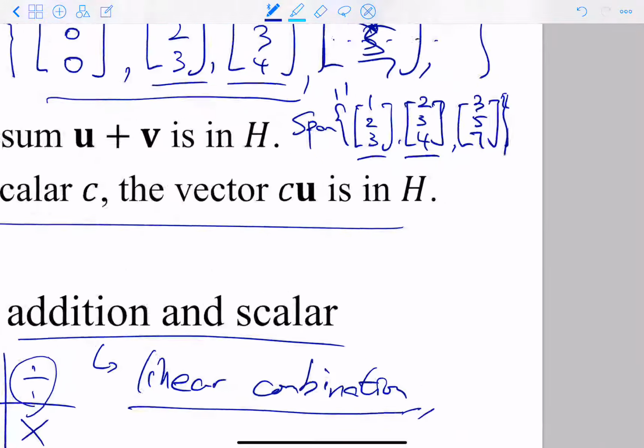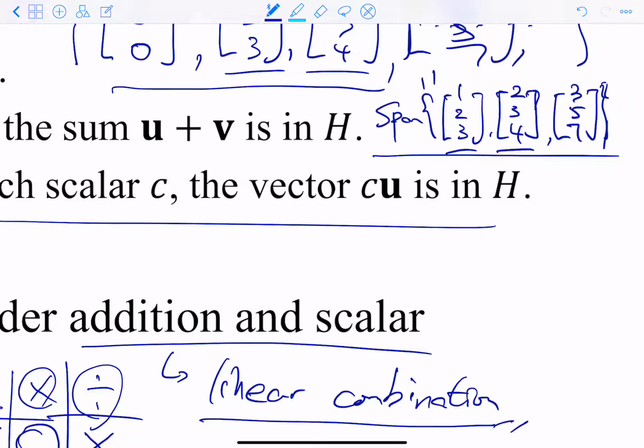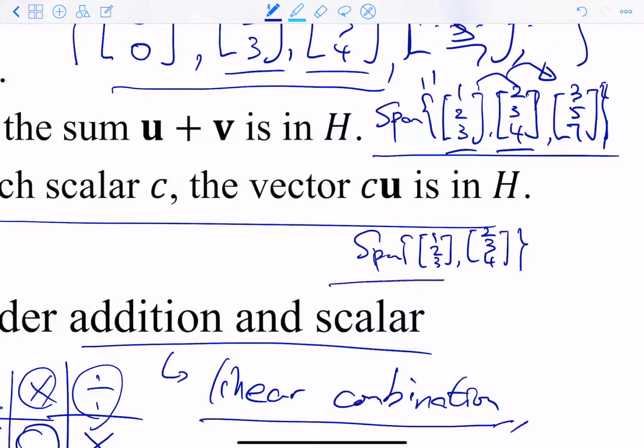So, the span of these three vectors, where the third one is already a linear combination of the first two. In this case, let's consider the span of 1, 2, 3 and 2, 3, 4. These two sets of spans, the set of the above three vectors and these two vectors, will be the same, right?